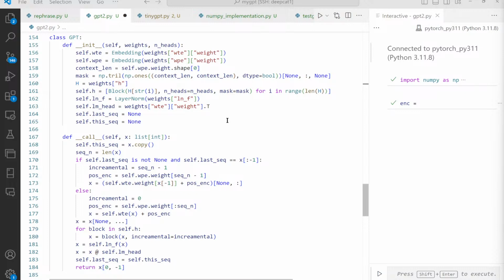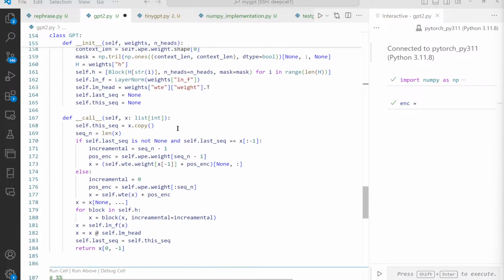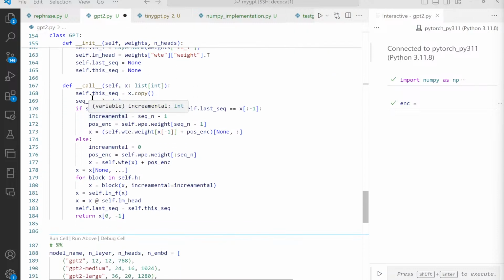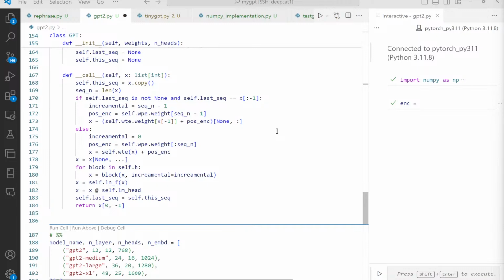We'll see how the output is going to be. So how do we actually output our token? Okay, here is the logic. First of all, we get our input sequence, and we should output it one by one.